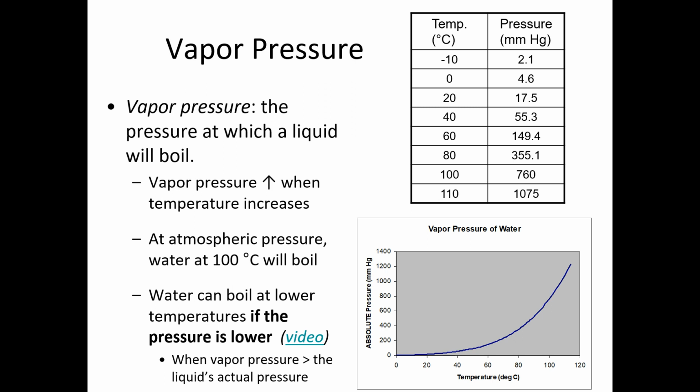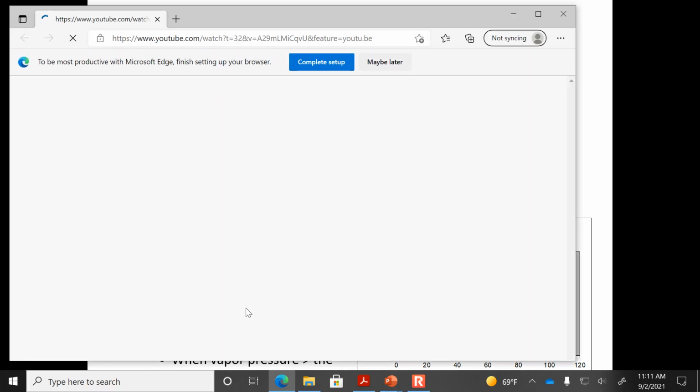But if we had a device where we pump out the air and we reduce the atmospheric pressure, we can get the water to boil at lower temperatures. And so let's take a look at a YouTube video that illustrates that point in kind of a fun way.